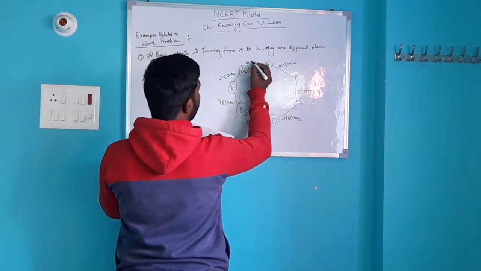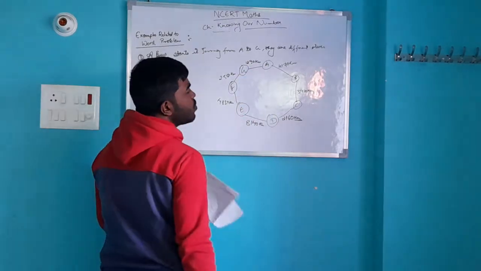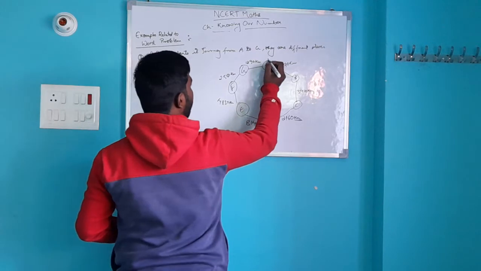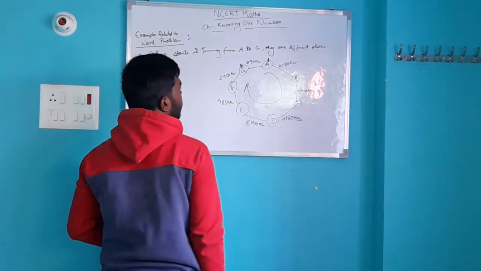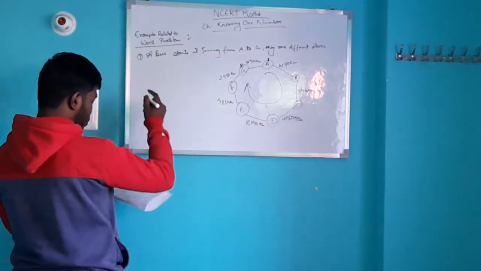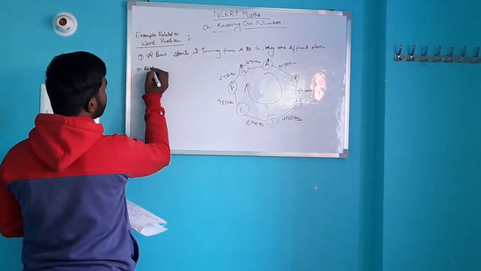The last one is 1290 kilometers. These are the points from where the bus moves. It starts from A and ends with G.